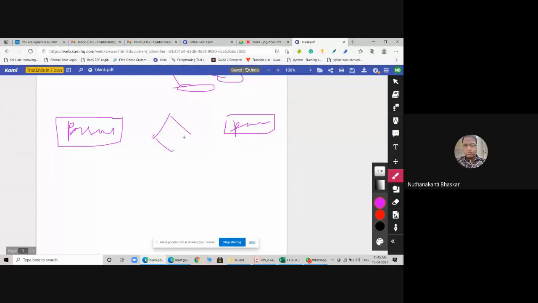But at least find it from your database, then that is good. Yes, this is one person having only one passport. So that is a one-to-one relationship. Clear? One more example. You write attributes also here, please.